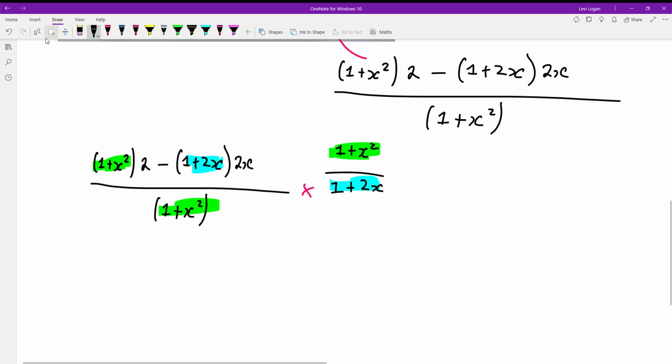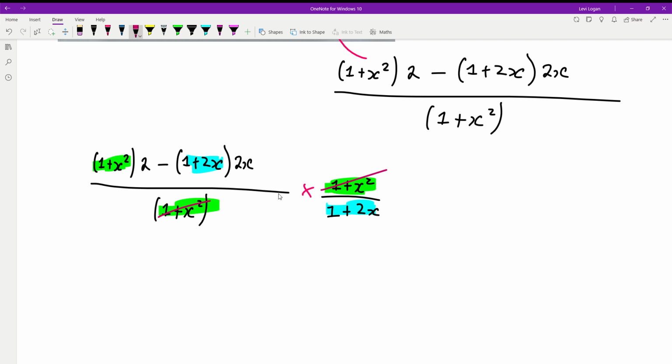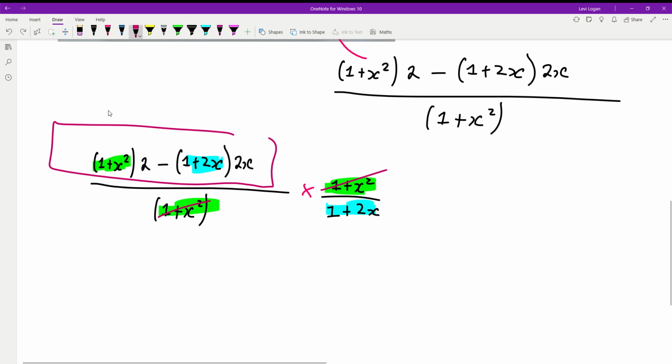Alright, so we can clearly see, because there's multiplication, there's no addition on the bottom, you can clearly cancel out the green. So that and that can cancel out. You cannot cancel 1 plus 2x, okay? Because there's a minus here. So they're two separate terms. If this wasn't here, you could cancel that out as well. But because that's there, you can't do that, okay?